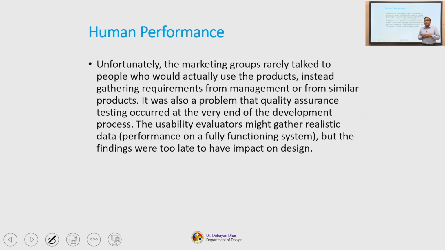It was also a problem that quality assurance testing occurred at the very end of the development cycle or the process. The usability evaluators might gather realistic data, performance on a fully functioning system, but the findings were too late to have an impact on design.